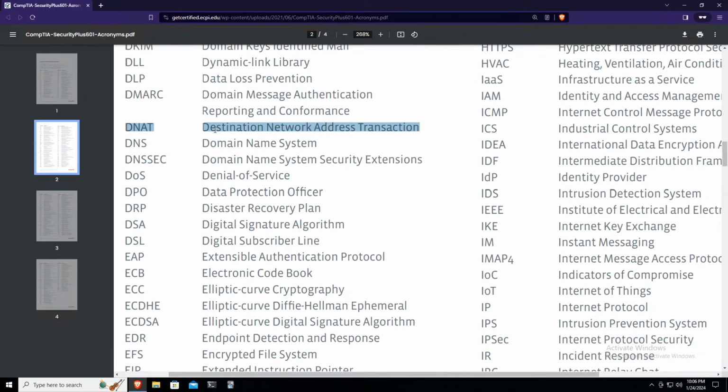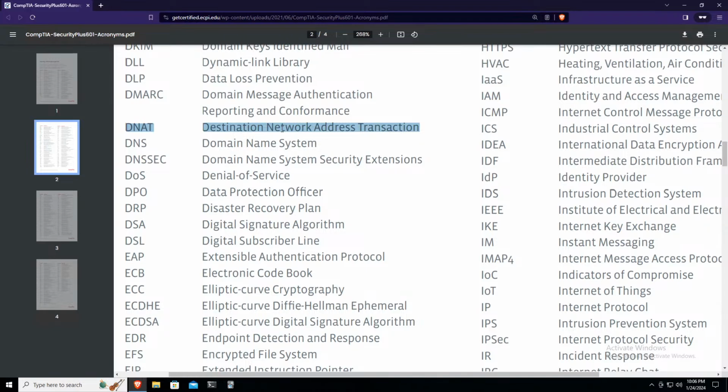It's a term that seems like something that would keep a transaction of where a network address, where a destination has been hit on a network address. Something that I would want to read up on as well.